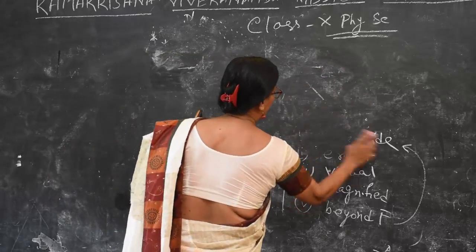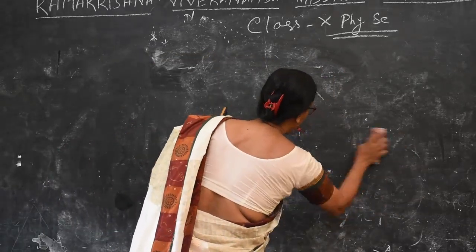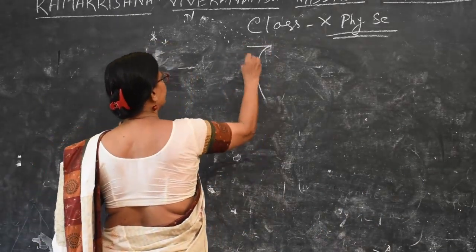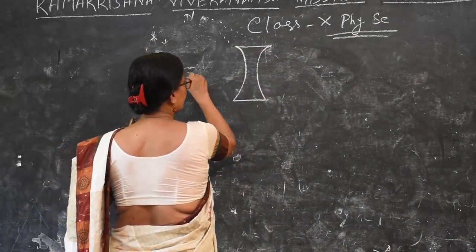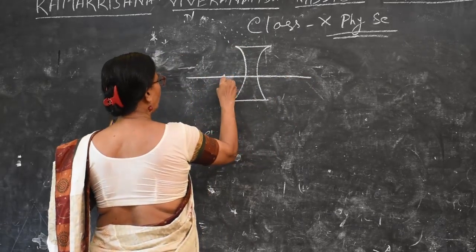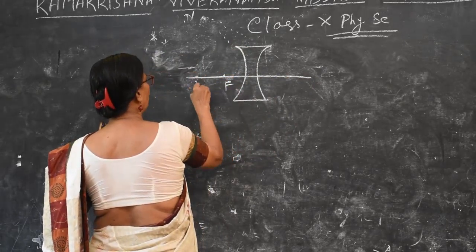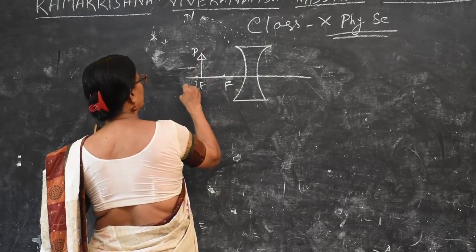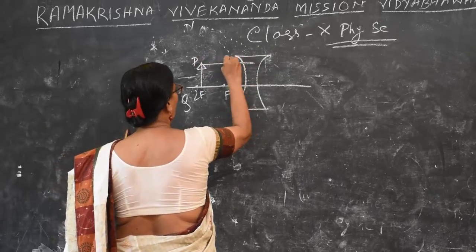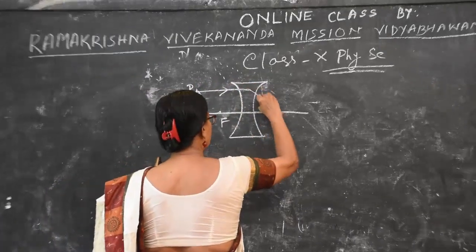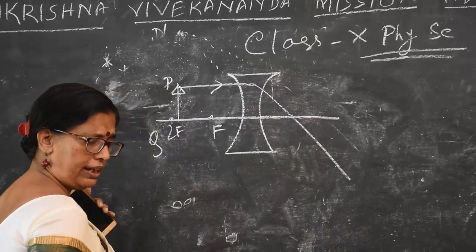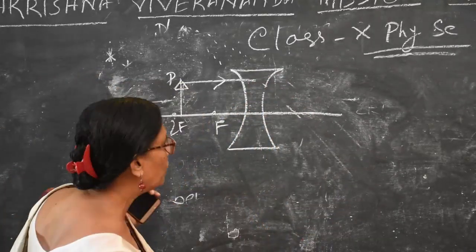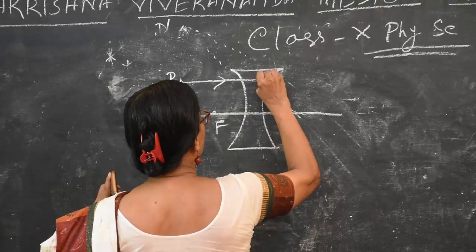So the concave lens, how do we draw it? The main science is the same thing. There is the concave lens, there is the principal axis, there is the focus, and here is the 2F. The object can be anywhere. This is PQ. The main thing is to take the half of this and go to the opposite F. Sorry, it is not converging, it is diverging, and we can do it by diverging.